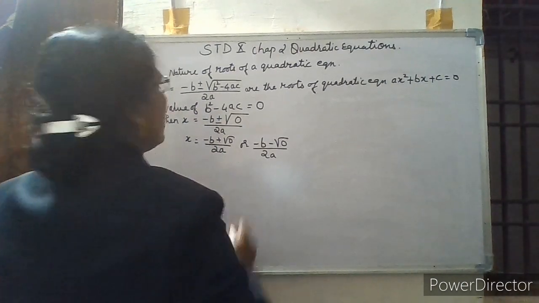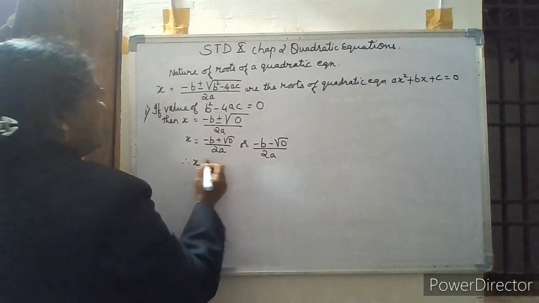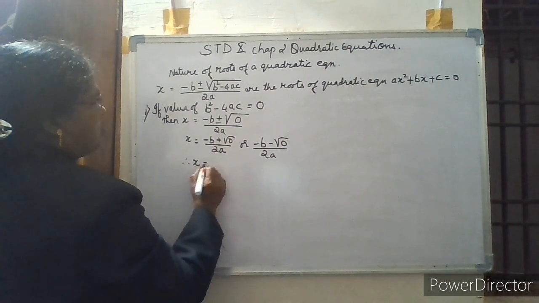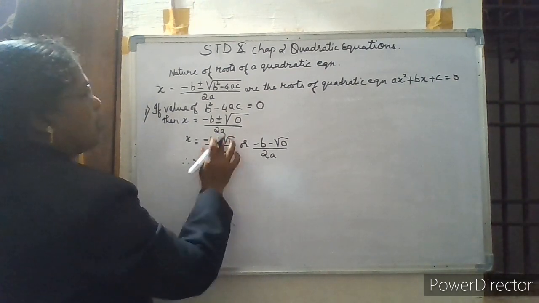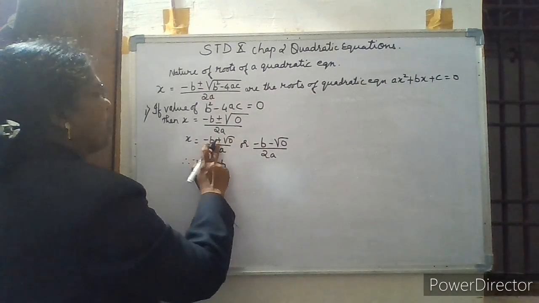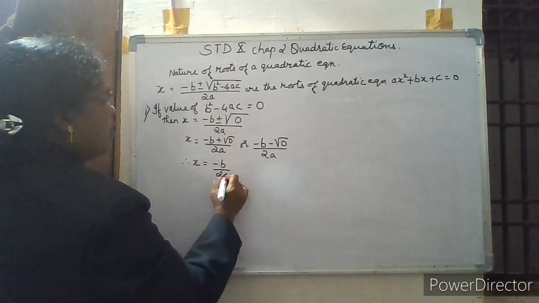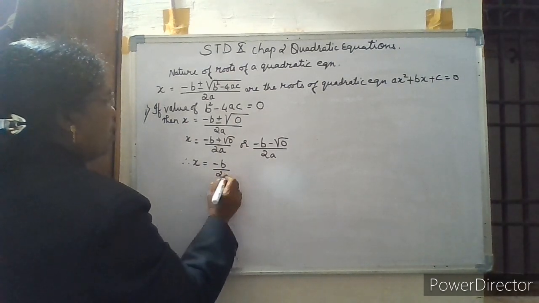Therefore x is equal to minus b only, because root of 0 is 0 only. So minus b plus 0 will give minus b only upon 2a.